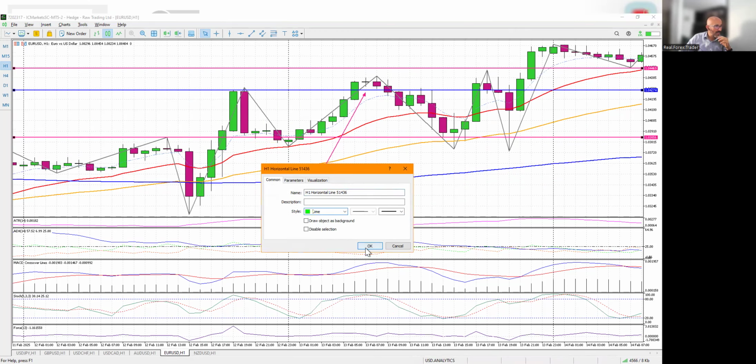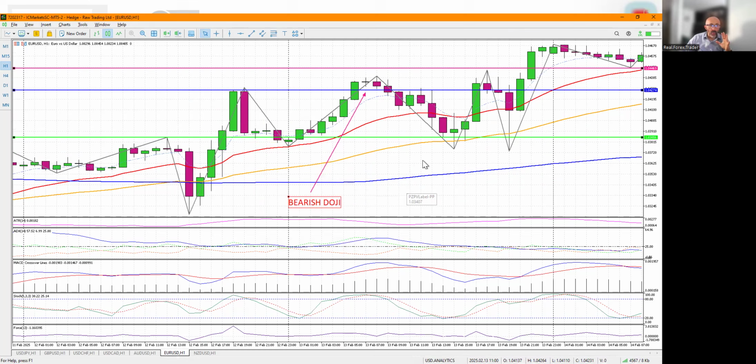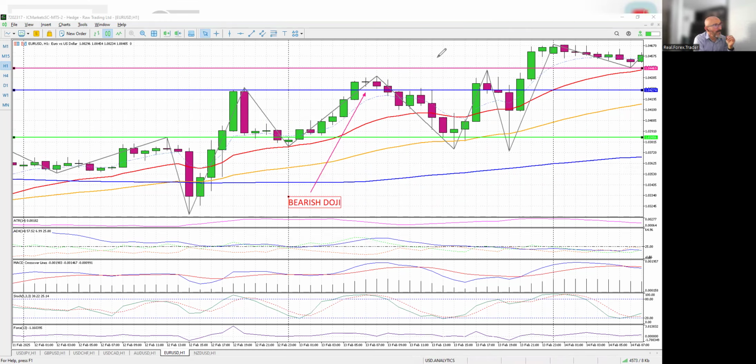Remember, every time we trade, we always set our what? Our stop loss, right? And this stop loss is what? It is 1 ATR times 1.5.